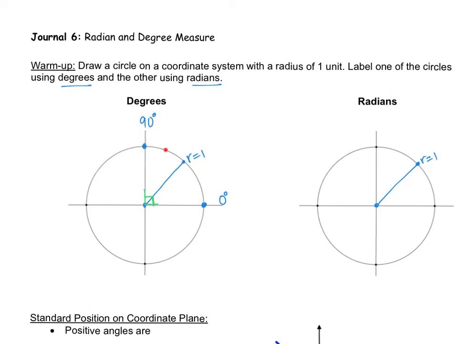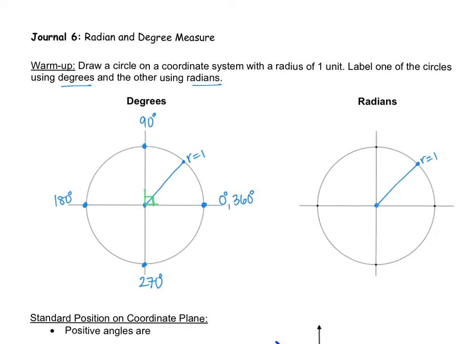And if this is 90 degrees, when I jump to here, you can probably guess it, 90 plus another 90 makes 180. So now we're on the other side of the x-axis. If this is 180, and I add another 90 degrees to get to here, 90 plus 180 is 270 degrees. And then if I add another 90 degrees, I'm back to 0, or in this case, I've completed the 360.